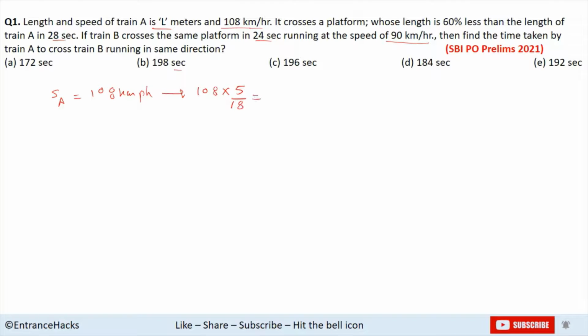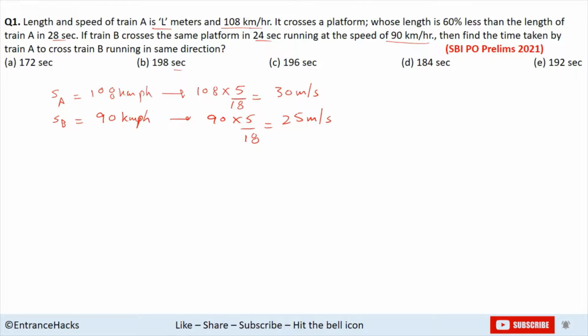So it will be 18 6s and 6 into 5 is 30 meter per second, the speed of A. Similarly, speed of B is 90 kmph, 90 into 5 by 18, which is 5 times 90 by 18, that is 5 into 5, 25 meter per second. So 25 meter per second is the speed of B.